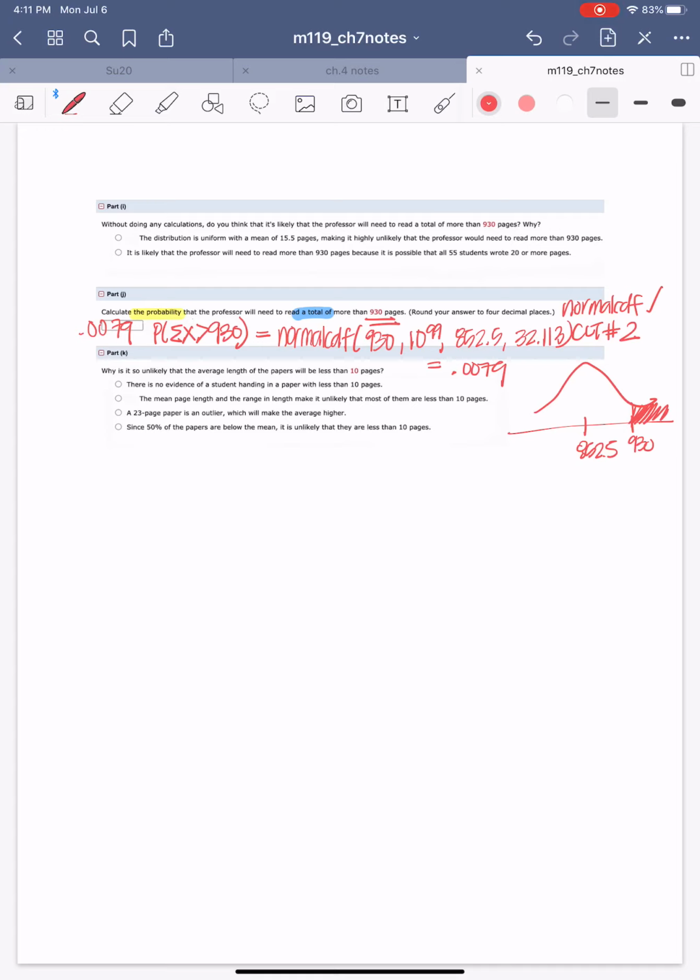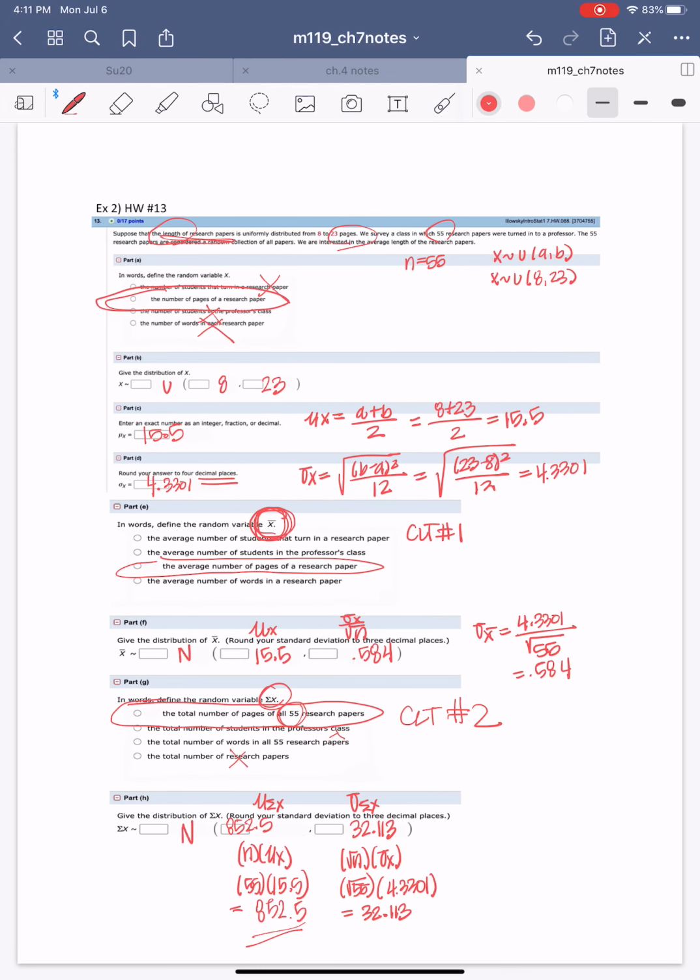The second option says it is likely that the professor will need more than 930 pages because it's possible that all 55 students wrote 20 or more pages. Well, 20 or more pages, I'm not sure where the 20 comes from, so I can eliminate the second option.